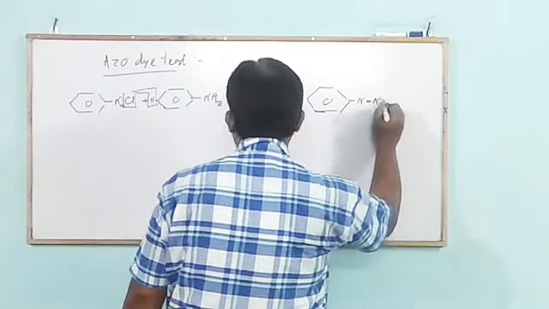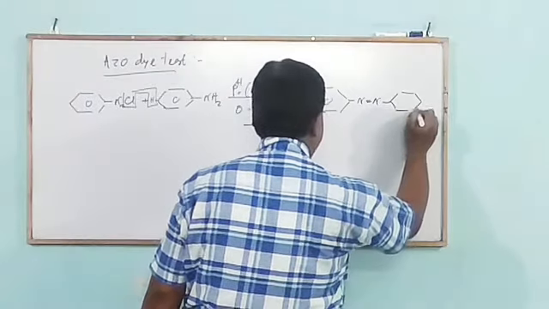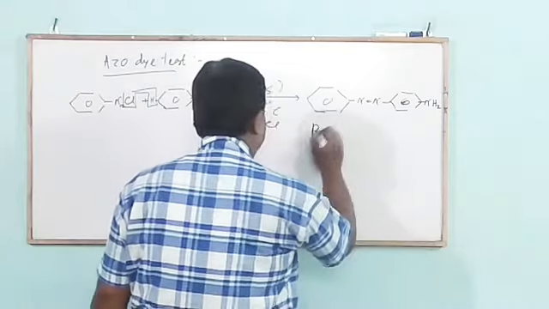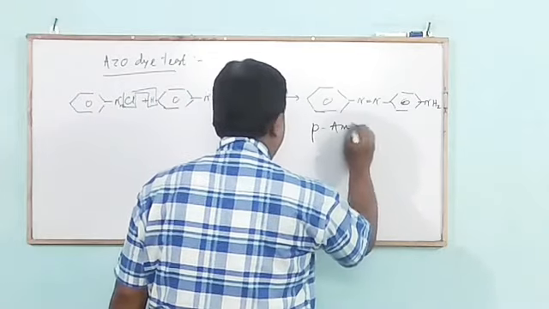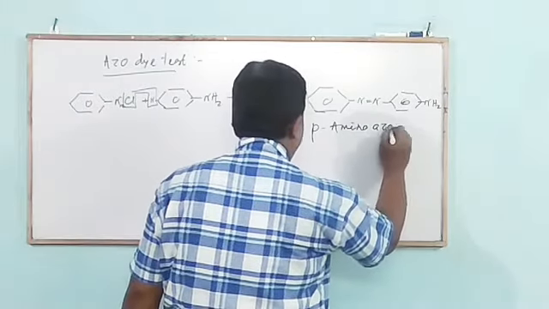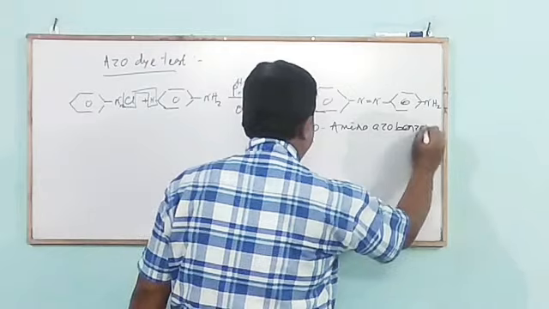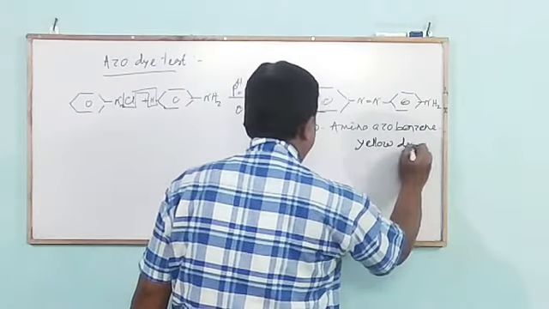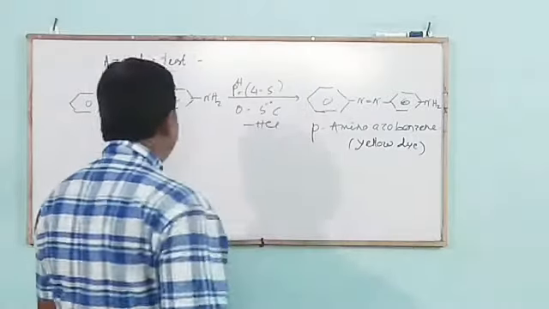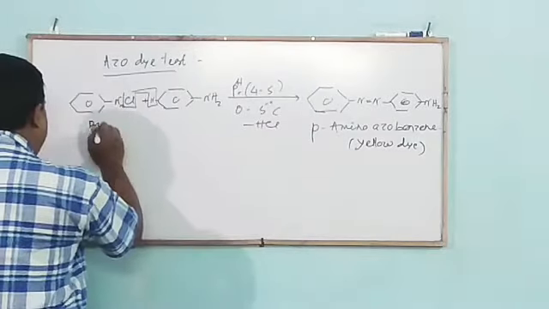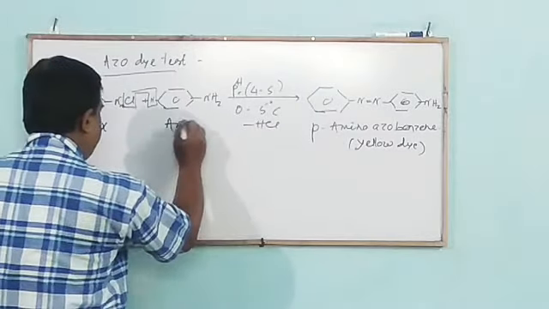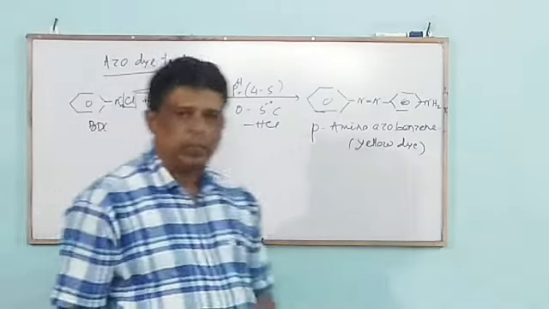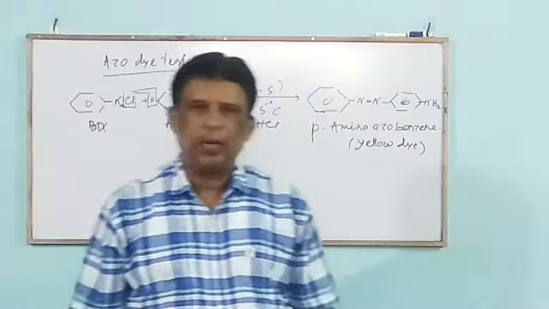C6H5-N=N-C6H4-NH2, that is p-aminoazobenzene, a yellow dye. So it is an important one. Its name is benzene diazonium chloride. Its name is aniline. That's why it is important to identify specifically aromatic primary amine.